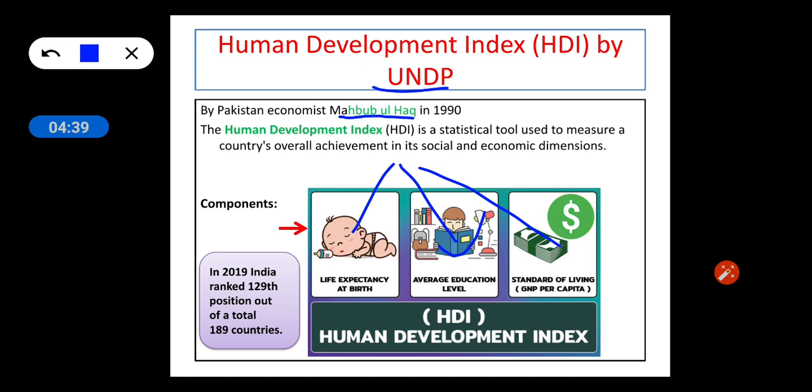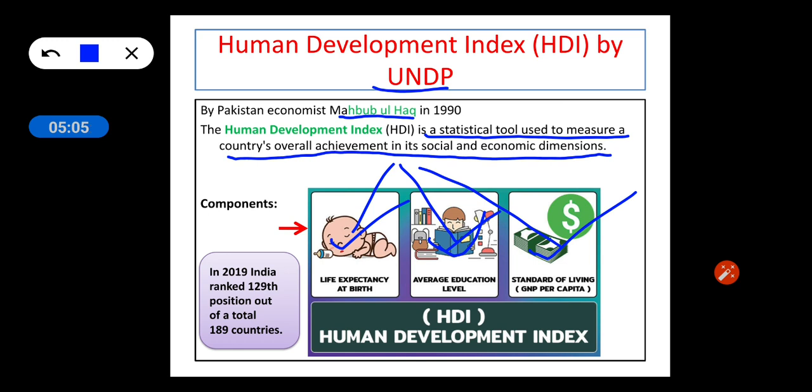So the Human Development Index is a statistical tool used to measure a country's overall achievement in its social and economic dimensions. What is done under HDI is we take a geometric mean of all these three parameters, that is life expectancy, average education level, and standard of living or per capita income.